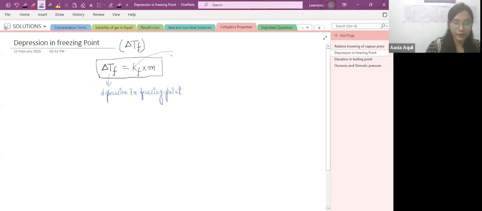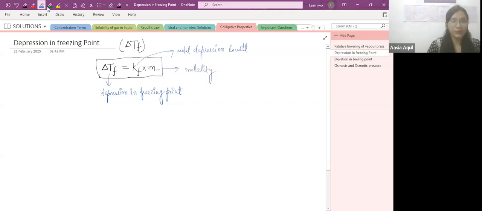And Kf here is your molar depression constant. This is your molar depression constant. Or you can say cryoscopic constant also. And M here is your molality.